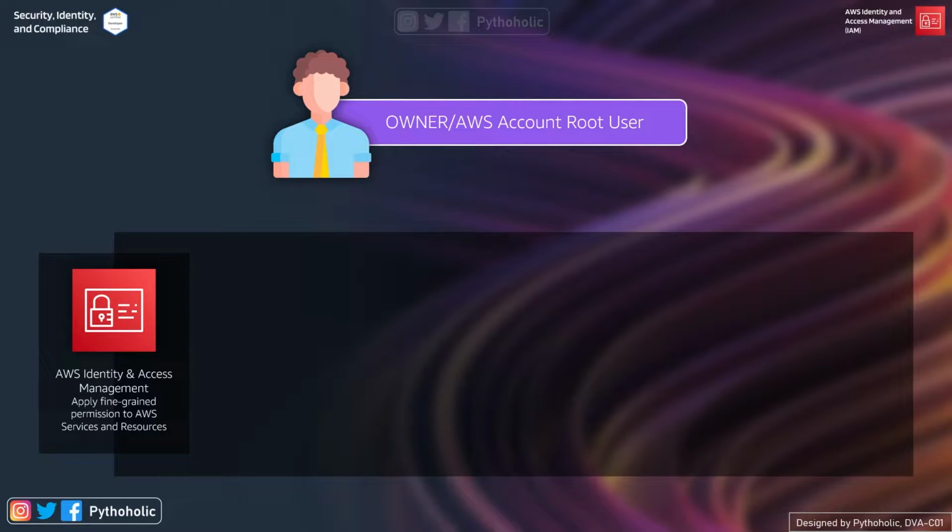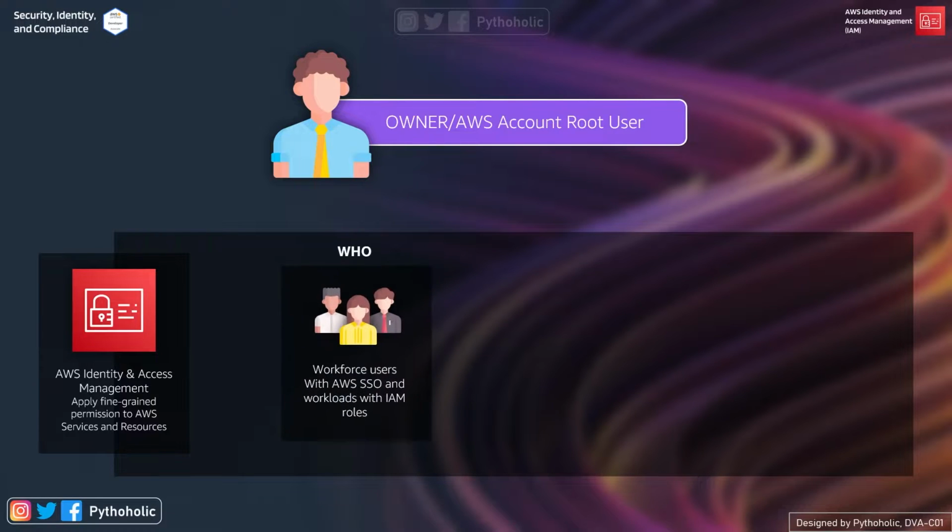What AWS IAM tells us is that with AWS Identity and Access Management, you can apply fine-grained permissions to AWS services and resources. But you need to ask yourself who and on what you are going to apply these fine-grained permissions. The who is going to be the workforce users with AWS SSO, that is single sign-on, or it could be the workloads with IAM role.